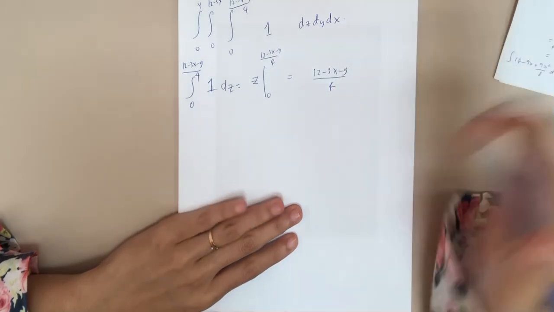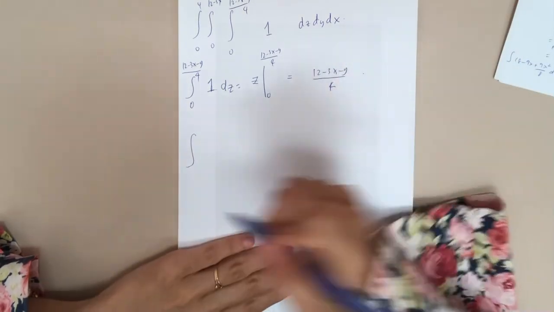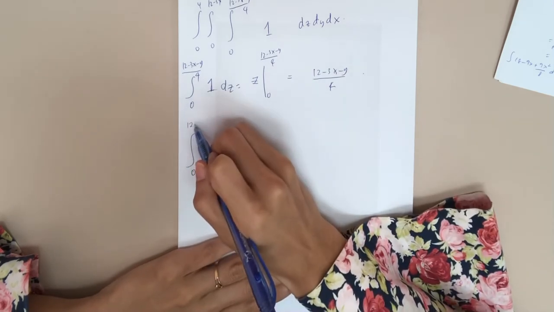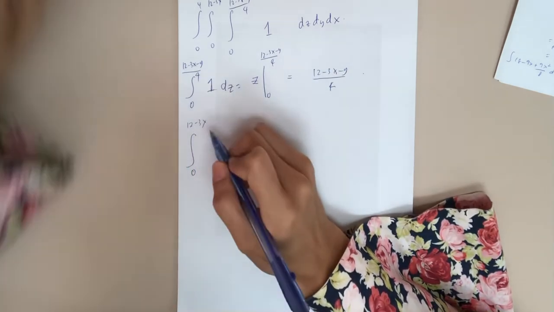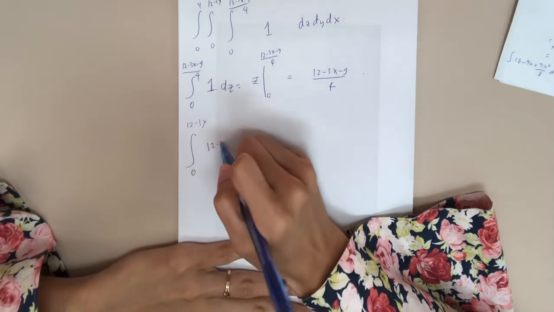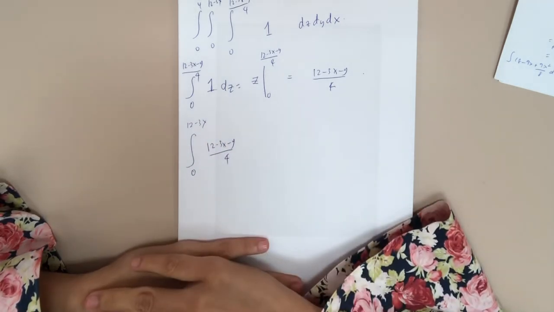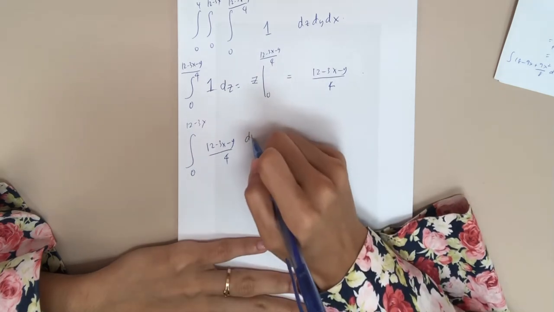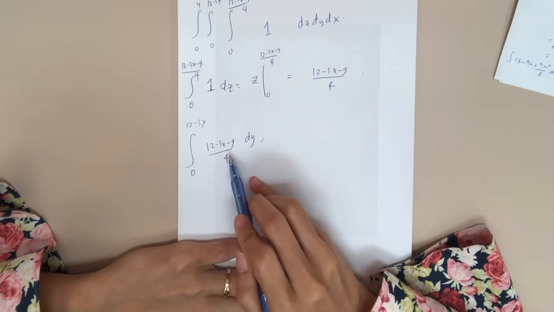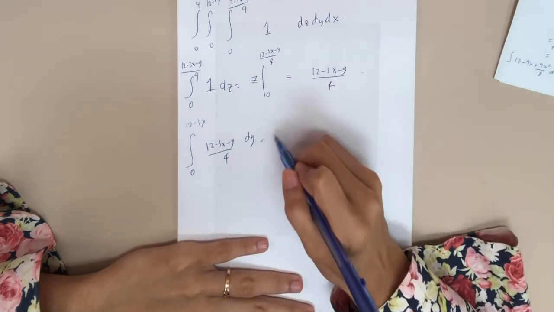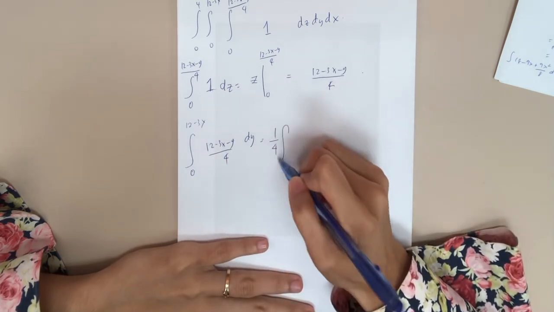Alright, then by using this answer, you will integrate again now with respect to y. So this is the limit and this is the function now. With respect to y. You can see that you have 1 over 4 here. What I will do, I will just take out 1 over 4 outside the integral.